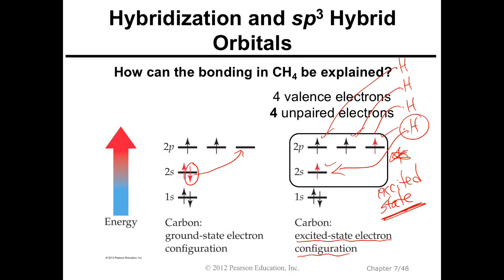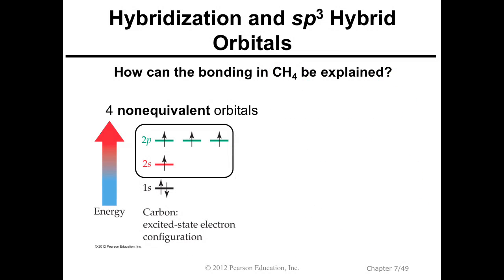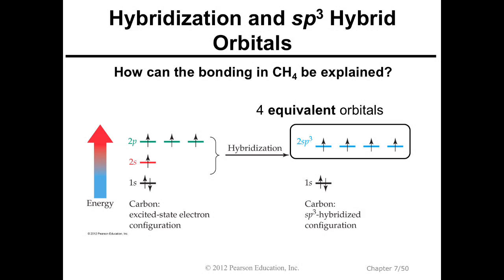And so what happens is you have to move from these 4 non-equivalent orbitals into hybridization. So you get a mixture. This just means mixing.